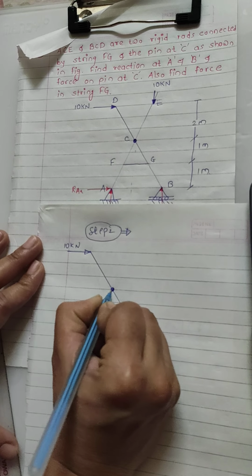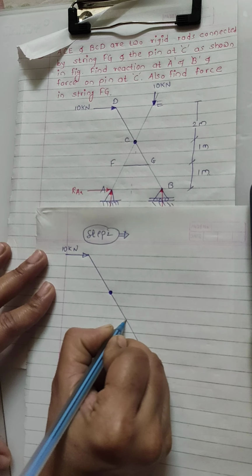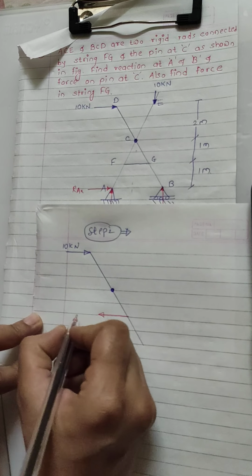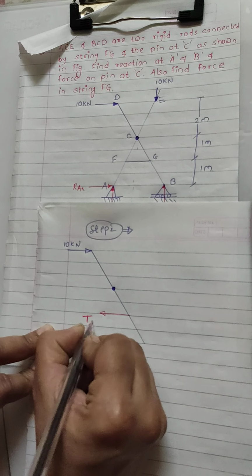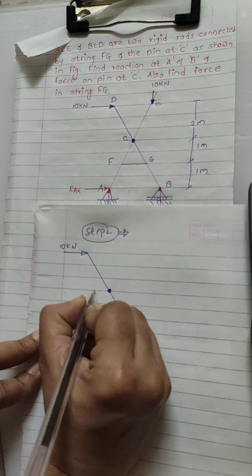Here there is an internal hinge C. There is a tensile force. So tensile force will always act away from the object. I can name it T, and the name of the member will be GF or FG, whatever it may be. On C there will be two reactions.